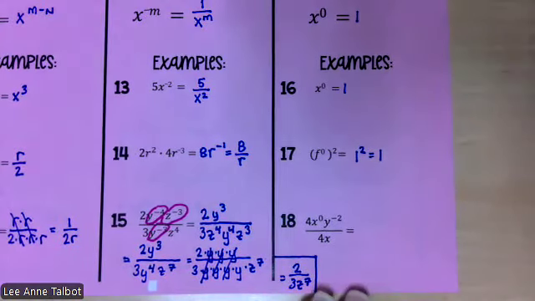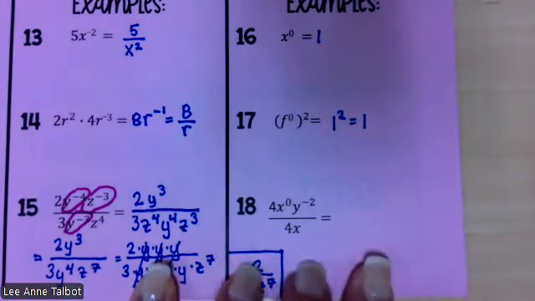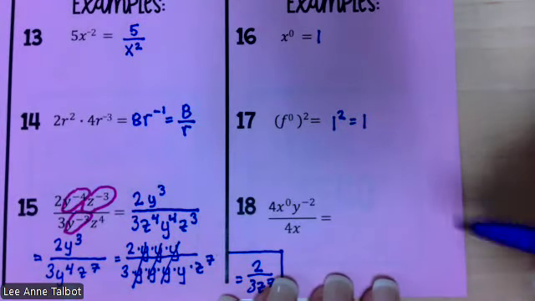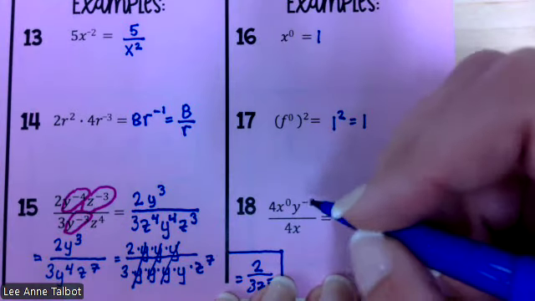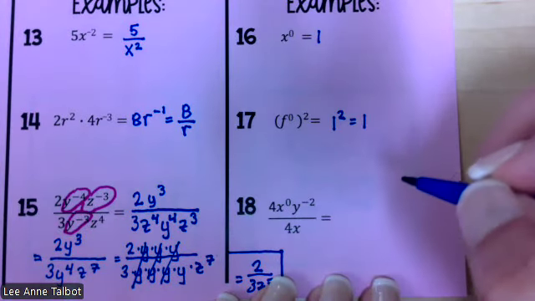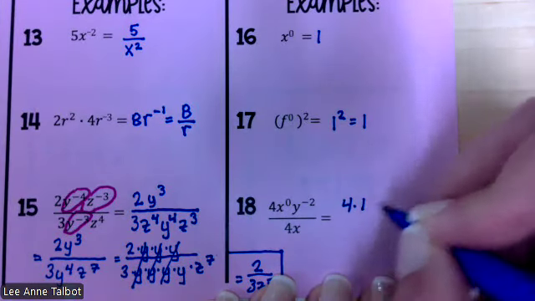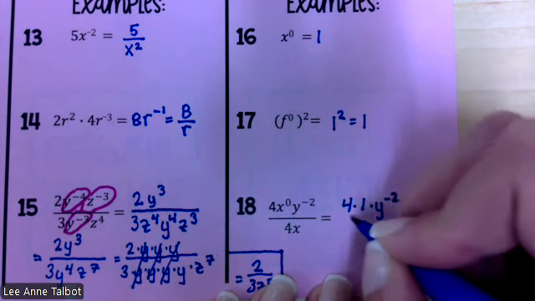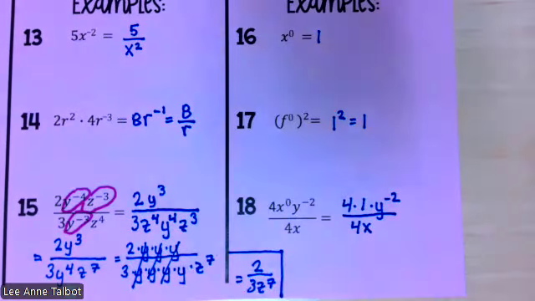Okay. What can I cancel? Nope, but 4. Okay, so this is 4 times 1 times y to the negative 2 over 4x.